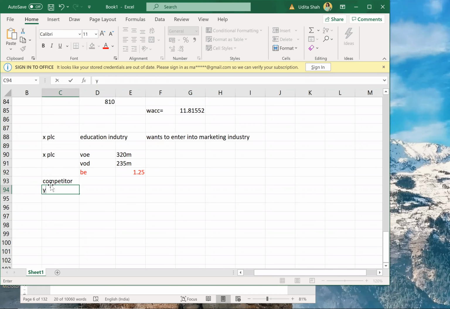Competitor is YPLC, which has a value of equity of 1200 million, value of debt of 900 million, and beta of equity 1.315.